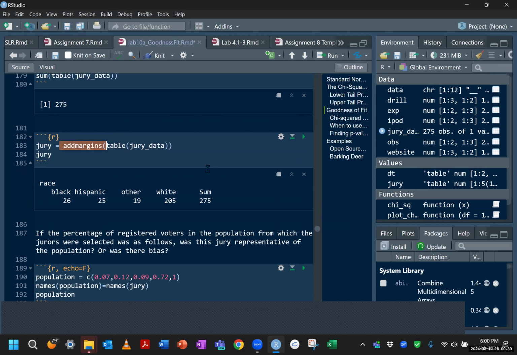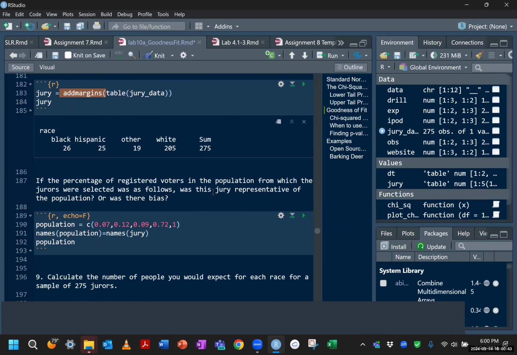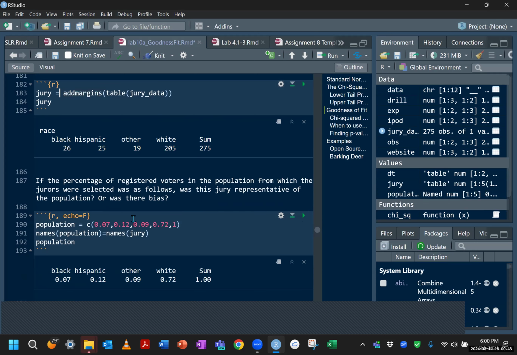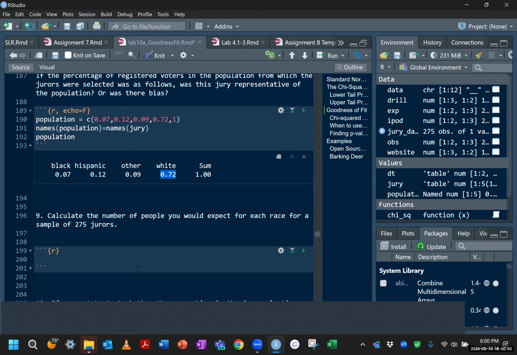Now, the question is this jury representative of the actual population? So we also have data on what proportions the populations are. If I run that, I see 7% were black, 12% Hispanic, 72% white, 9% other. So how many people would you expect for each race in the jury sample? For black, if there was 275 people, 7% of them I would expect to be black.